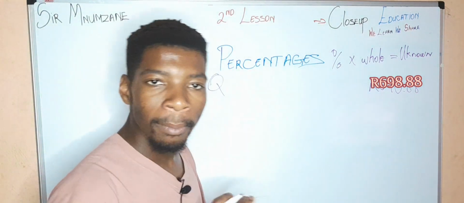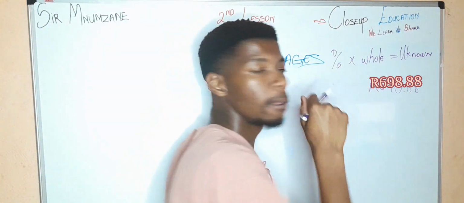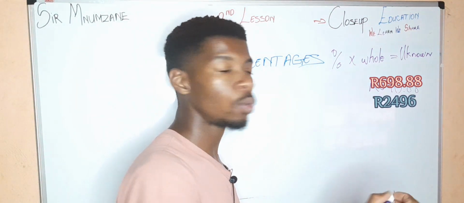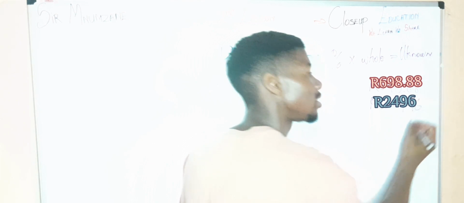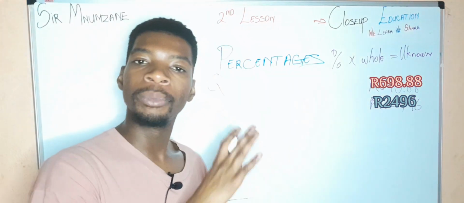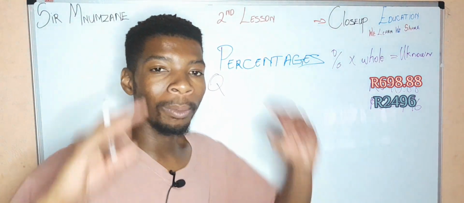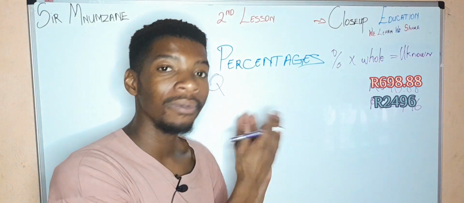Hey Baba, make sure you write those notes. Then our cost of the phone was 2,496, right? That's the data you have to collect before answering a question.